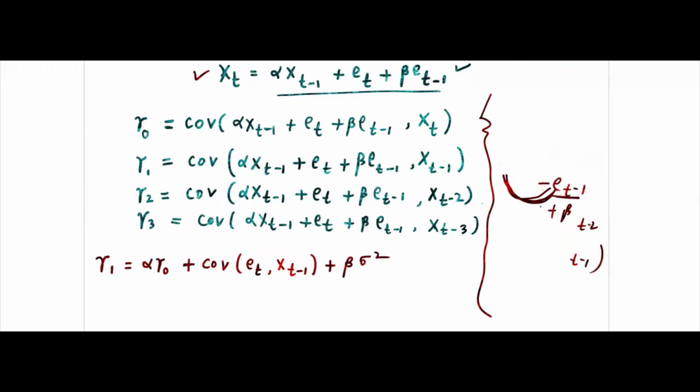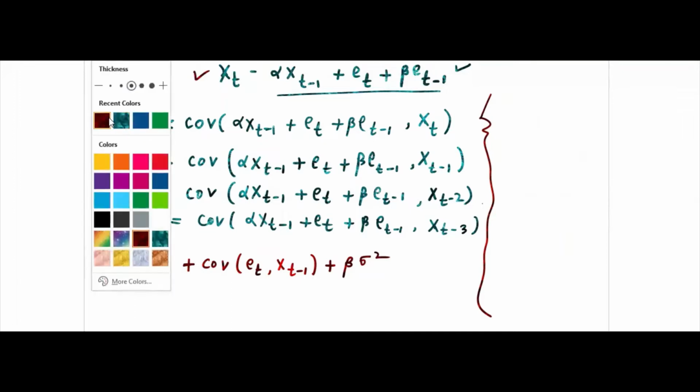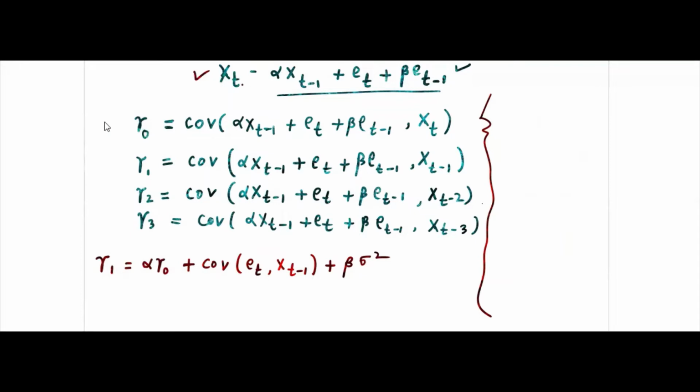So we got an extra term here. Now see the second one, covariance of et with xt minus 1. If you put xt minus 1 here, you have to check whether you are getting et or not. Suppose I write xt minus 1 here. Then what will happen? You get et minus 2, et minus 1 this way. So with xt minus 1, where is et?